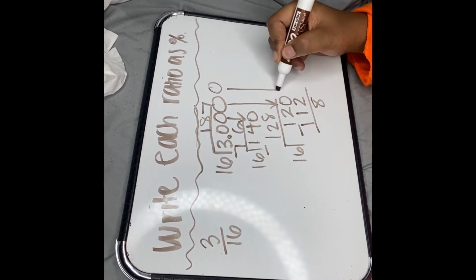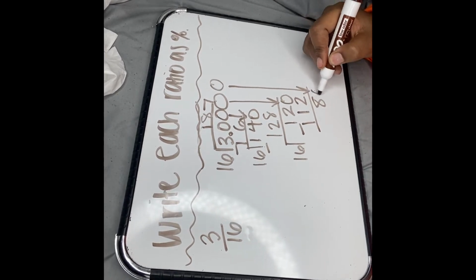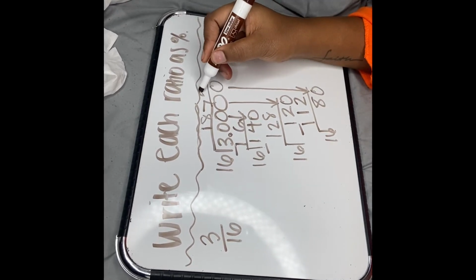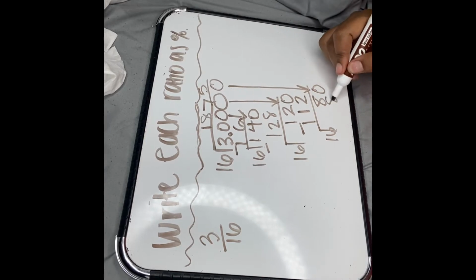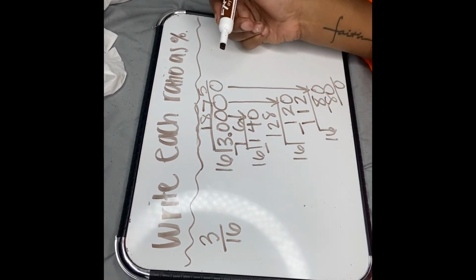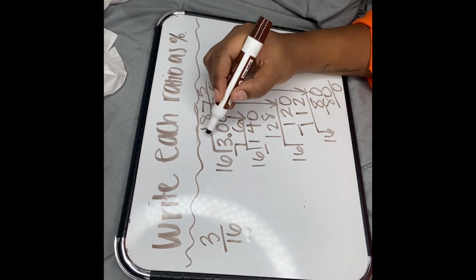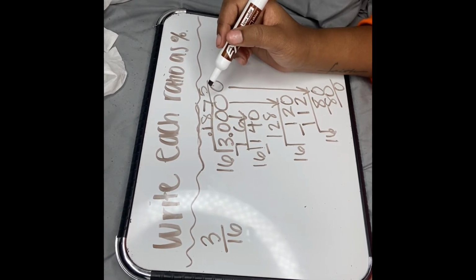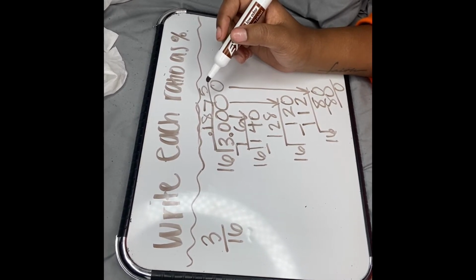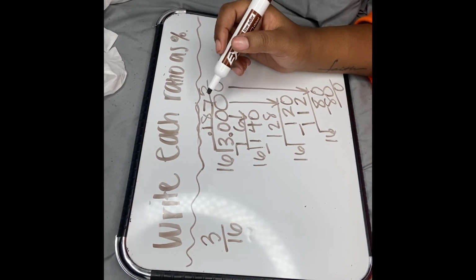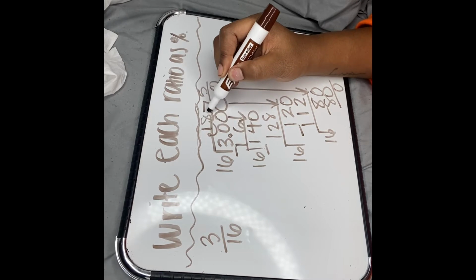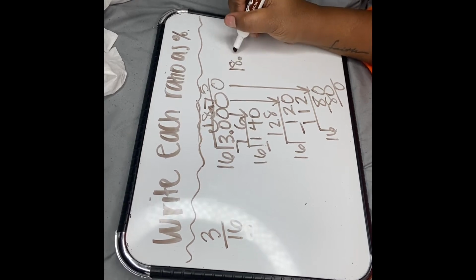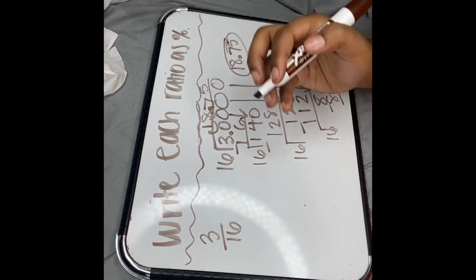Add another 0, bring the 0 down, which will give us 80. 16 goes into 80 5 times. And 5 times 16 gives us 80, which gives us 0. So that gives us the number, which will be 0.1875. But that is not the percent. So to find the percent of that, we will have to move the decimal over 2 spaces to the right to give us a percent number. And that will give us 18.75% as the percent of 3/16.